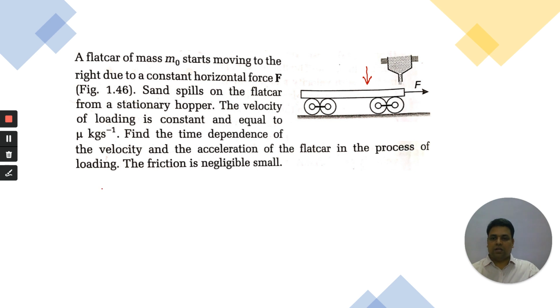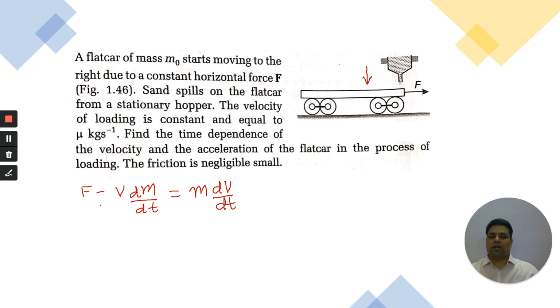So we can write the net force on the system as F minus V relative dm by dt, where V is the velocity of the car, because for the particles which are falling we are just considering actual velocity to be zero. Hence, the relative velocity magnitude is v itself. So F minus v dm by dt is a force that is equal to the product of mass and acceleration of the system, so m dv by dt.